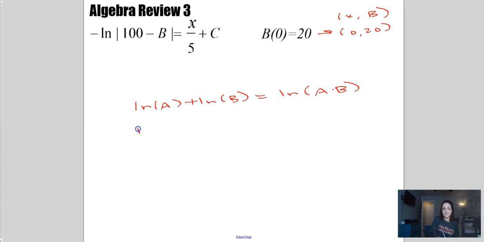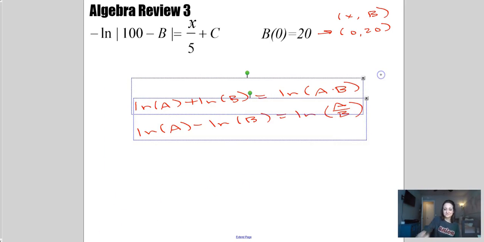So it's the opposite for logs. Similarly, if I have one log minus another log, I can bring those into one log using division. Okay, so you might want to write that down if that is not familiar from Algebra 2 or Pre-Calc. You'll need those, okay?